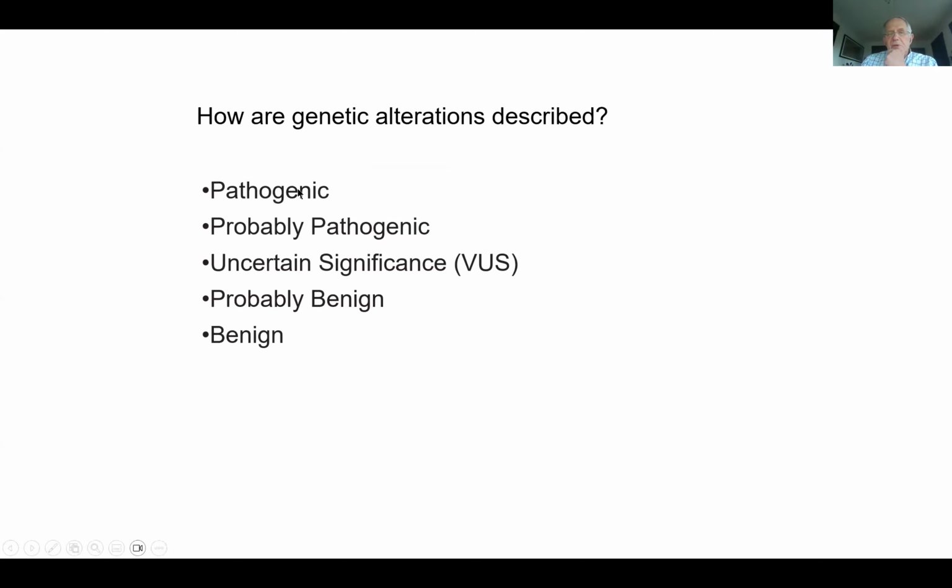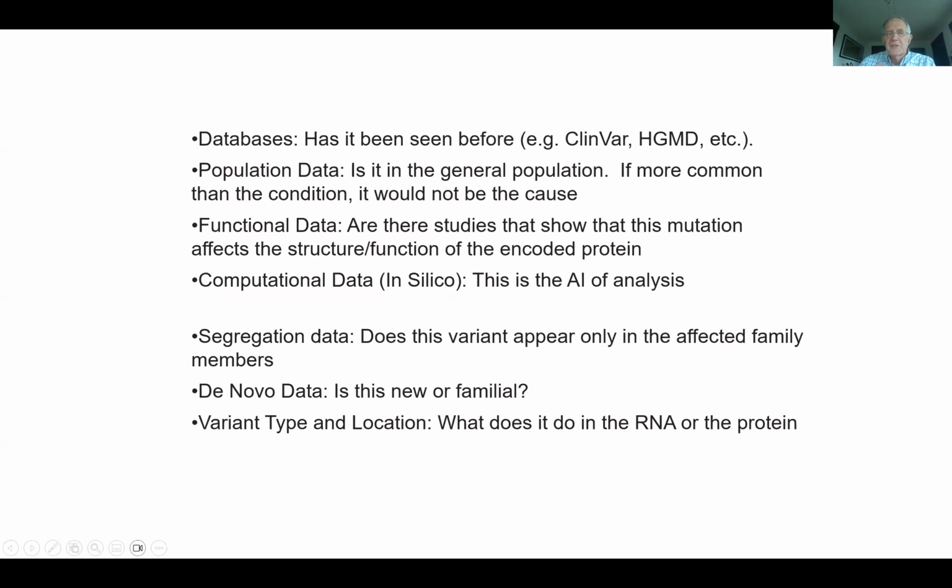So as I said, they're described as being pathogenic or probably pathogenic, or benign or probably benign, or of uncertain significance. And what goes into deciding that? Well, the first question is, is this alteration in databases? Have we seen it before? What about in the population? So if we look at a population of about 800,000 people who have been sequenced, is it there?